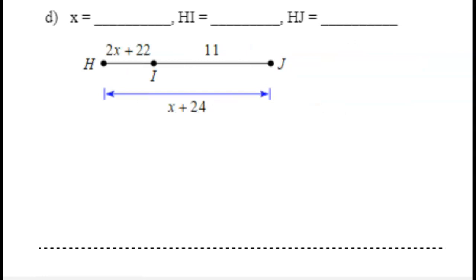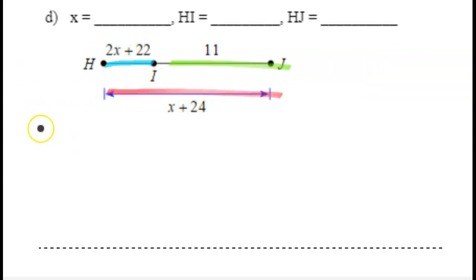Alright, we made it to our final example. Let's get this segment color-coded. And jump into our equation.